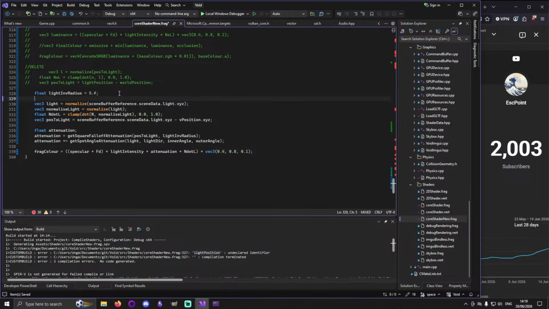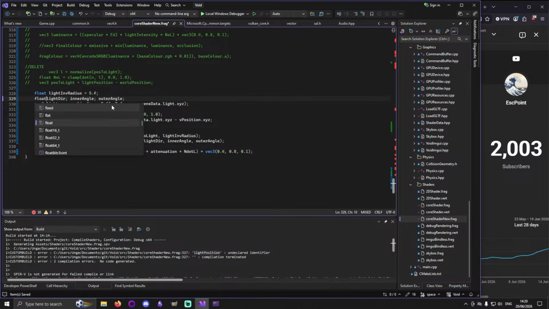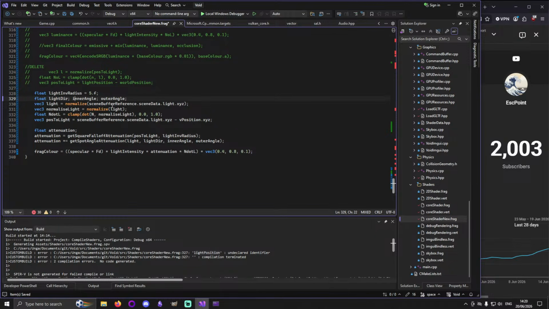This is fine. Light dir. The inner and outer angles, I have no clue. So these are, I assume, between 0 and pi. So all these three I think just have to be defined for our particular use case of a point light. And this is why the scene might not be lit very well, because this might be really small.